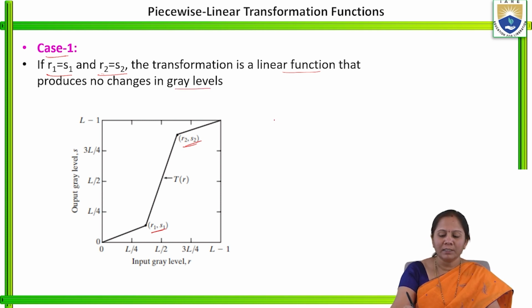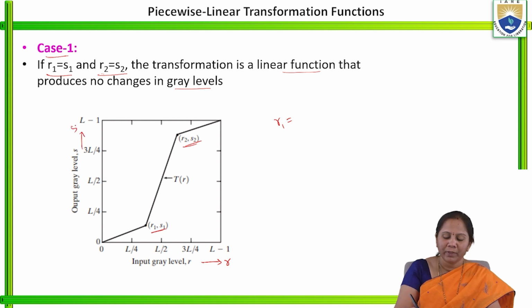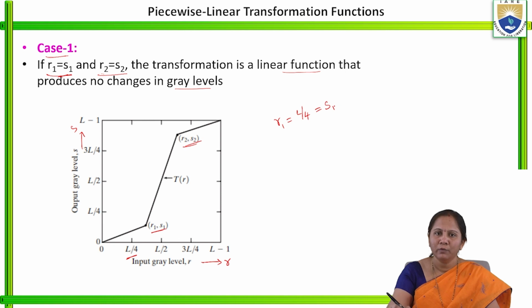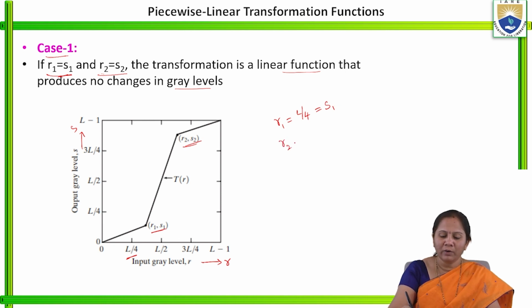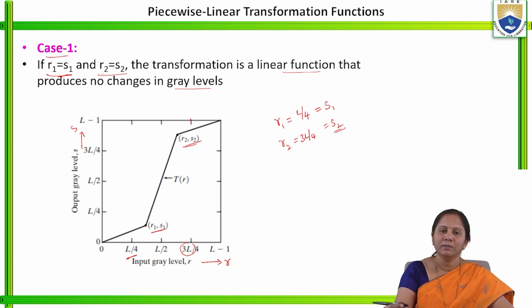Consider this axis R and this axis S. For example, consider R1 as L/4, and since R1 is equal to S1, S1 is also L/4. Consider R2 equal to S2, for example 3L/4, and S2 is the same.